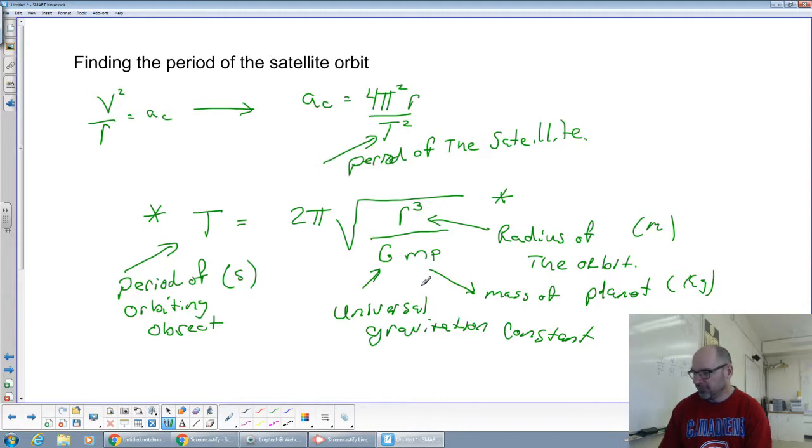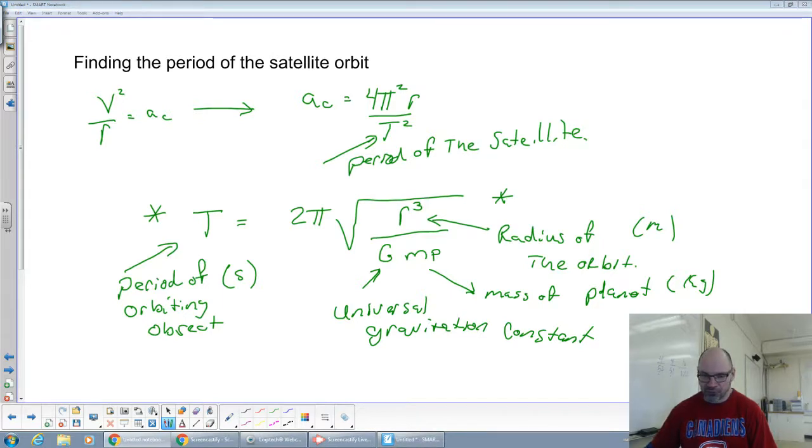Okay, and there's newtons in the universal gravitational constant, so that newtons has a meters per second squared. So that's where you end up getting your seconds from, is that newtons part. That comes out of the universal gravitational constant, and that's how it ends up being this way. So that's the universal gravitational period.